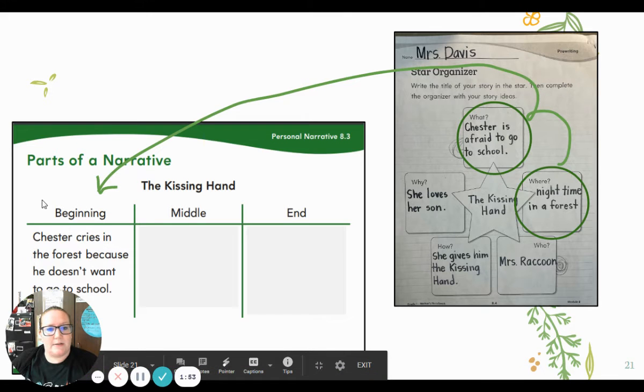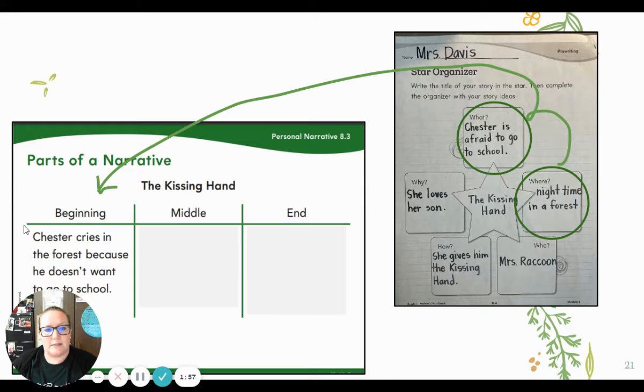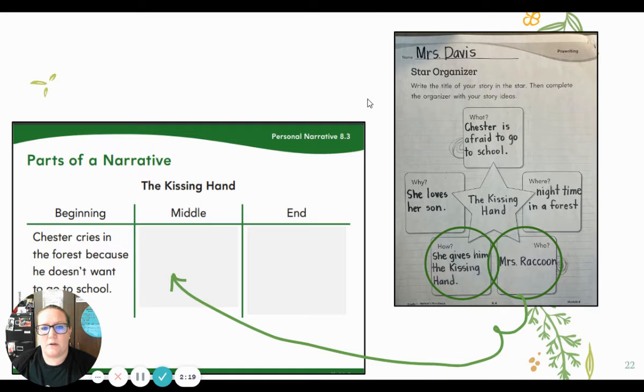So on my organizer, I said, in the beginning, Chester cries in the forest because he doesn't want to go to school. Notice I took those sentences and phrases and joined them together to make one sentence. You could also make a sentence or two, all about what happened at the beginning and where the story is taking place.